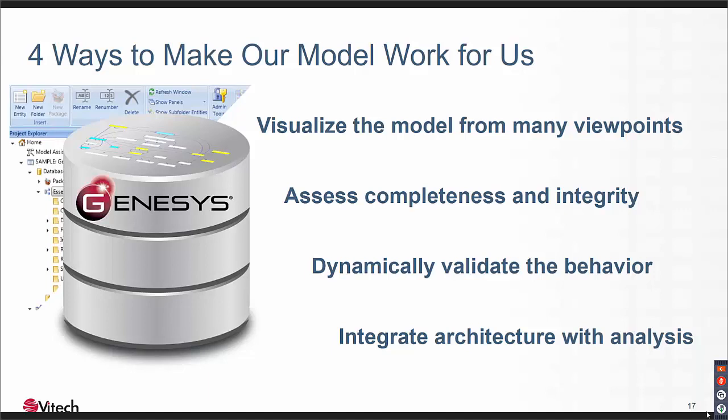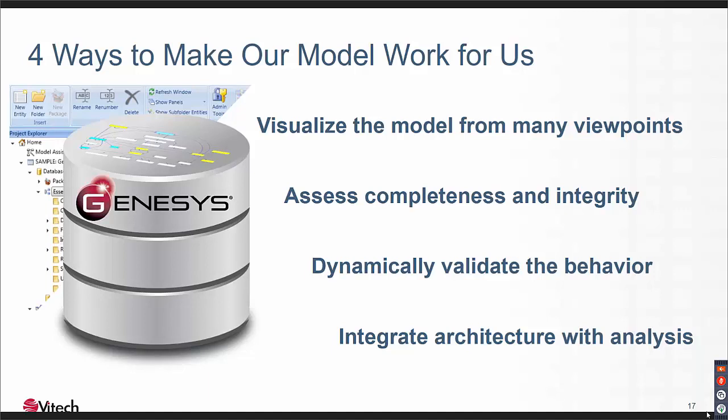So 4 different ways that we can make our models work for us. The most basic, visualizing from multiple perspectives, multiple viewpoints, to help the team leverage the power of multiple perspectives, transdisciplinary insights. Second, bookkeeping, assess the completeness and the design integrity, freeing the engineer to be creative, inspirational.